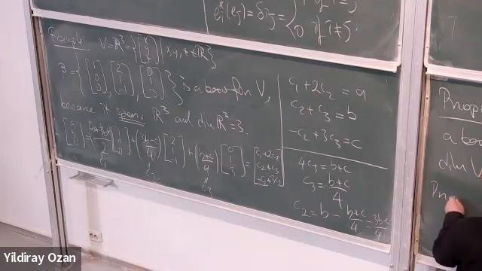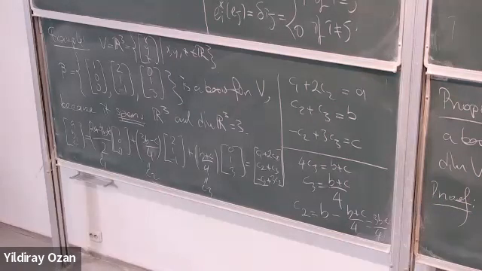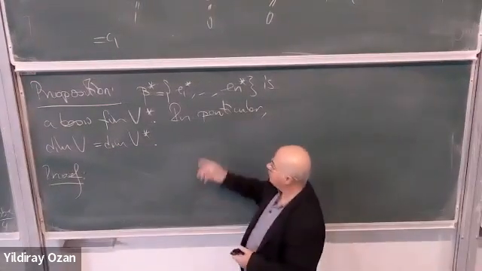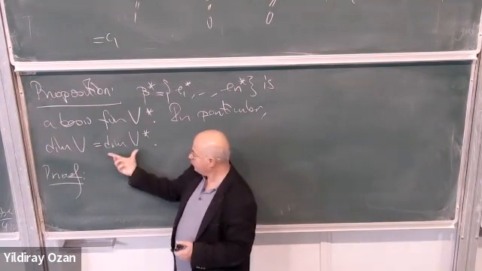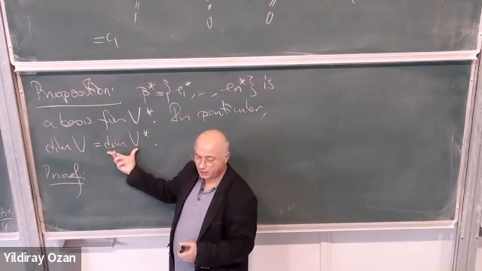Proof. Well, at this moment, I don't know what the dimension of V star is. V star is a vector space which we defined. So we are trying to prove this. I haven't proved that this has dimension n.